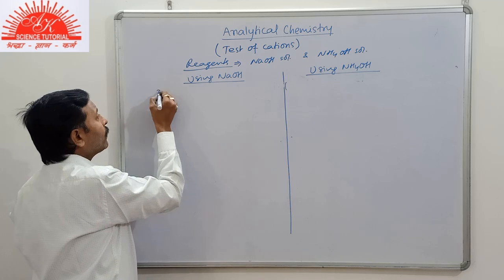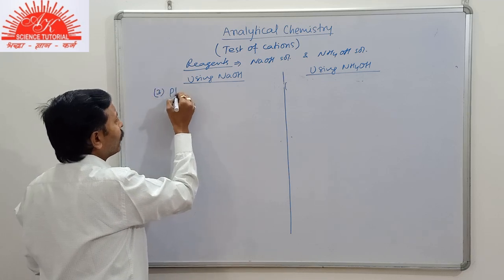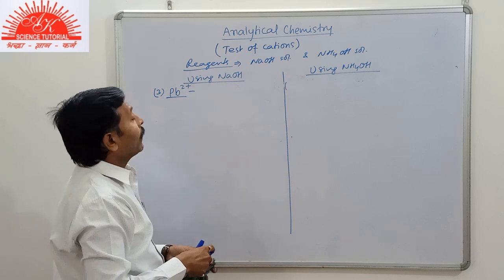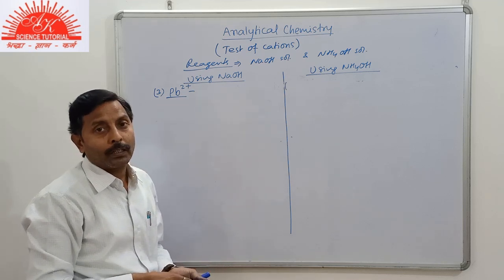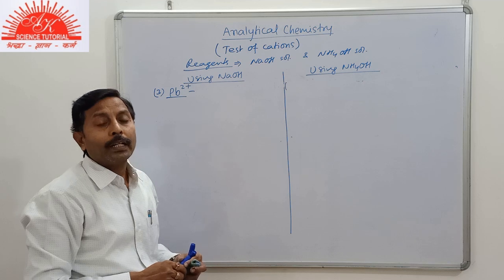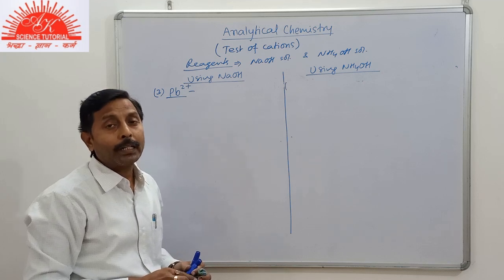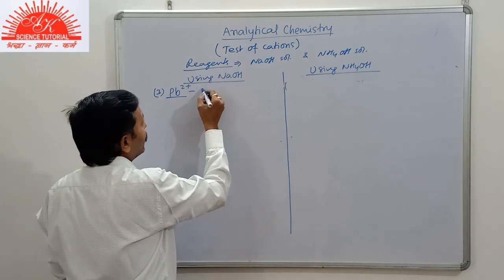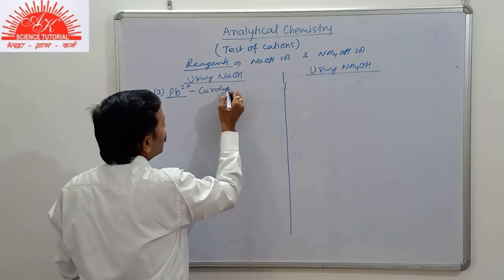Now the third part is Pb2+. Like zinc, lead is also amphoteric. So in caustic alkali, it again gives white precipitate which will be soluble in excess of NaOH. But there is another word used, curdy.